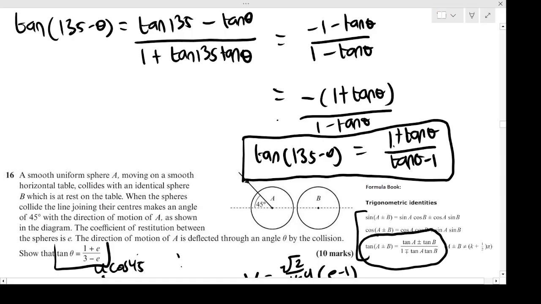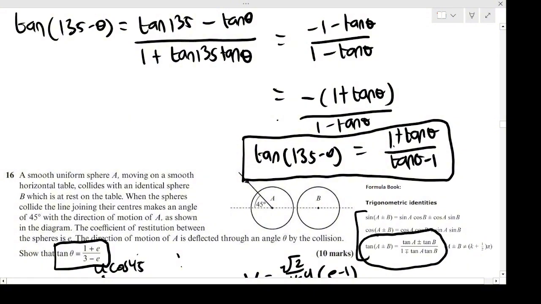So again, hopefully you can see most of it was the same sort of procedure where we solved for the parallel parts v and w by converting it into 1D, using momentum and restitution, and then we did a bit of trig at the end. So we drew a triangle for the components afterwards. Then we just used SOHCAHTOA, found tan, used a bit of trig identities, and then got to our answer.